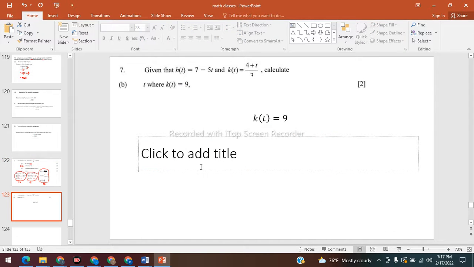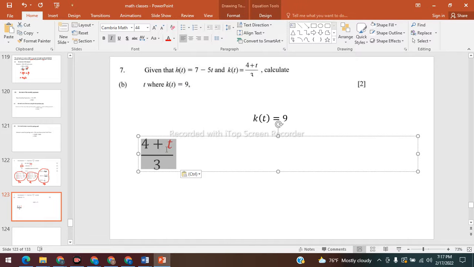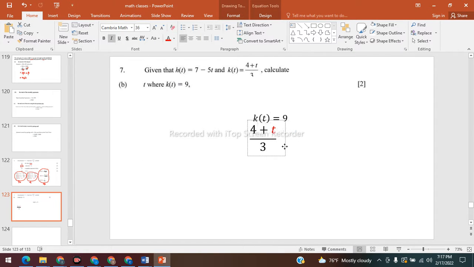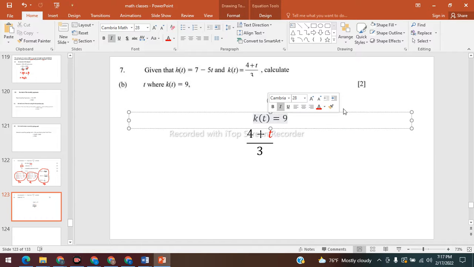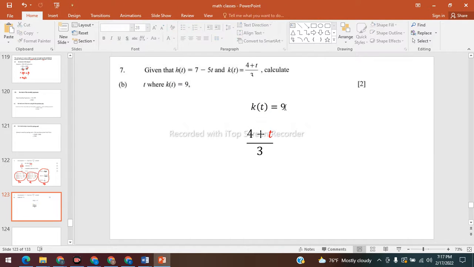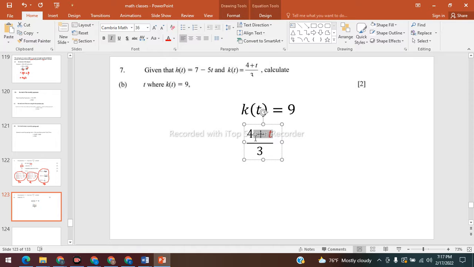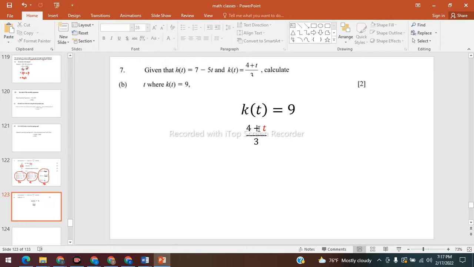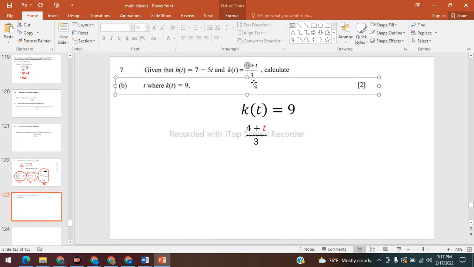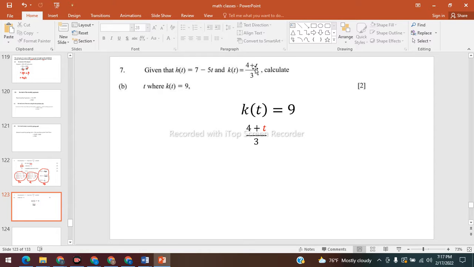Okay, good. So k of t is equal to 9, and we know that k of t, by definition, is (4 plus t) over 3.